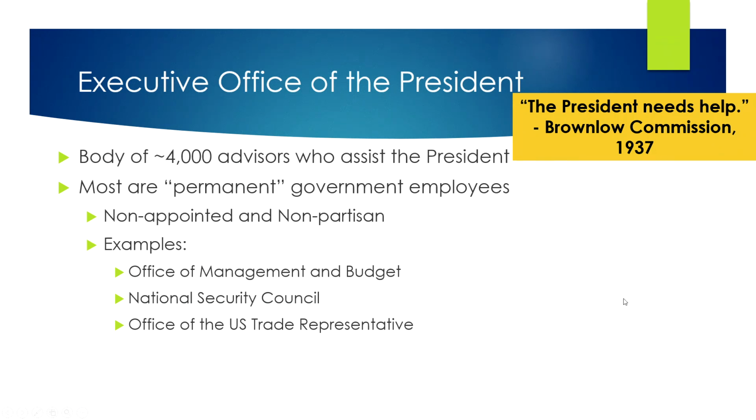Some of the offices that are housed under the Executive Office of the President are something like the Office of Management and Budget, National Security Council, U.S. Trade Representative. These are offices that are tasked with providing information. So whether or not this one country is a threat to us, whether or not job numbers are growing or shrinking, whether or not the steel industry is contracting, or if we're about to get into a tariff war with China, right?